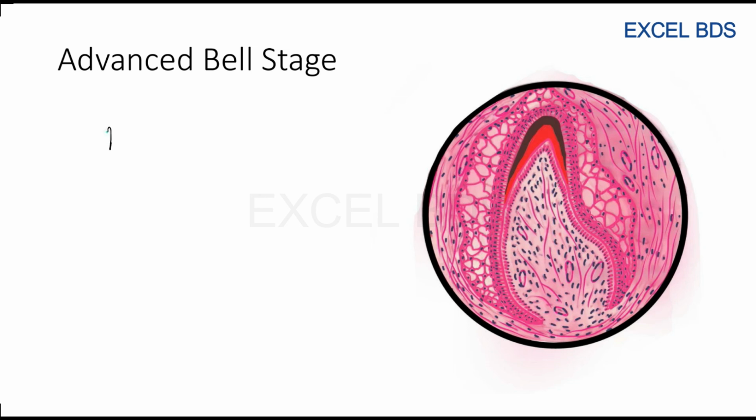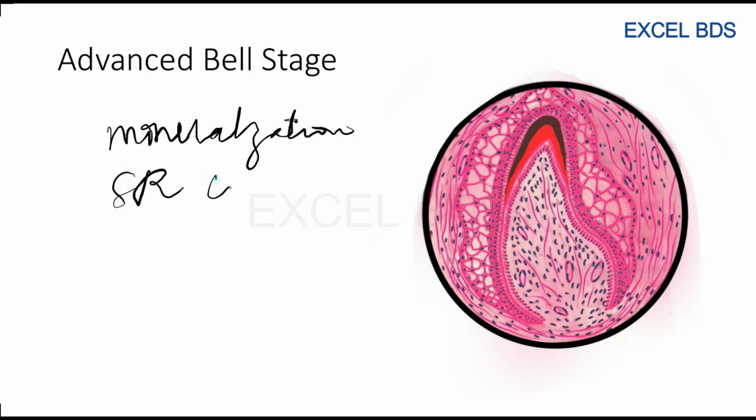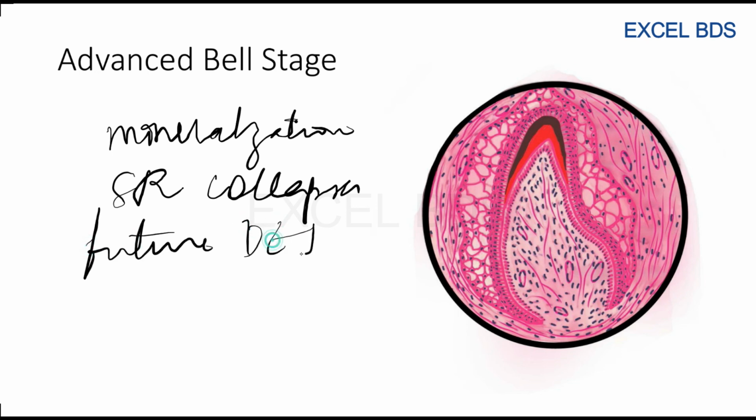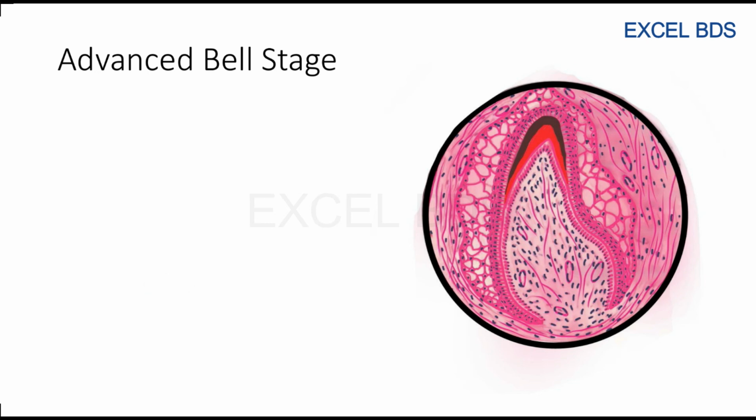The mineralization starts, the stellate reticulum collapses, and the future DEJ, the dentino-enamel junction, is determined, right? This is all that happens in the advanced Bell stage.